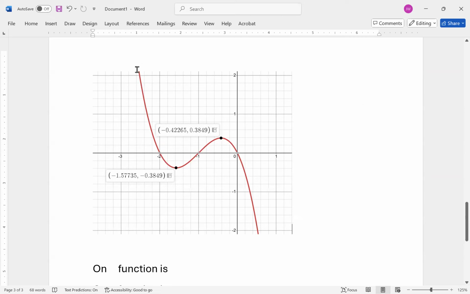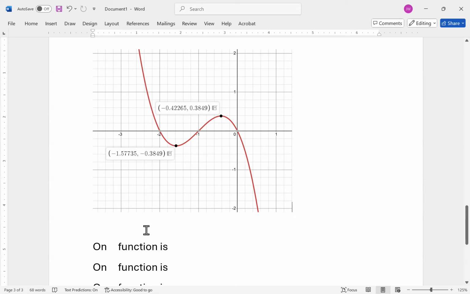So it looks like as you move to the left, the function goes up to infinity. And as you move to the right, you go off and this pattern goes forever. So basically from x value from -infinity all the way up until we hit this bottom x value of -1.57735, the function appears to be decreasing.